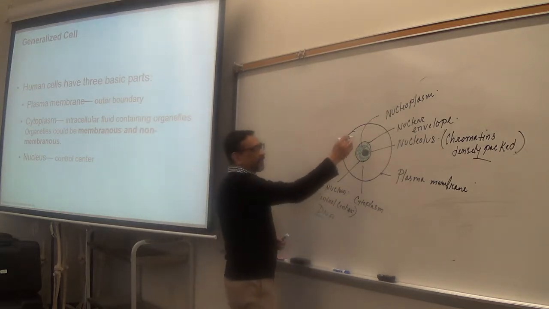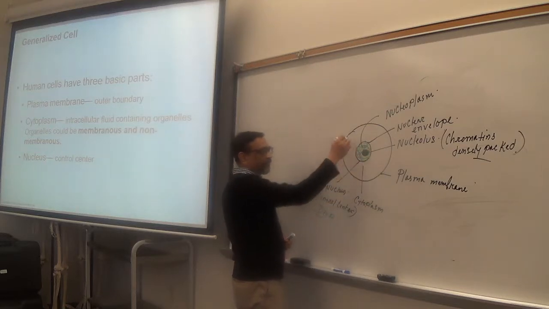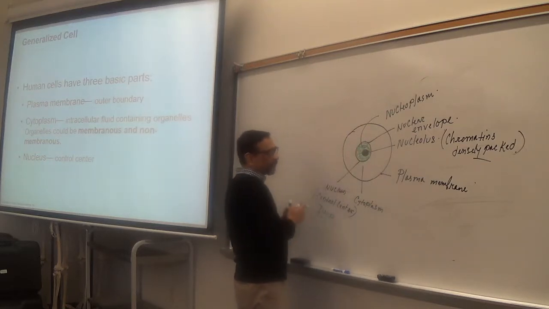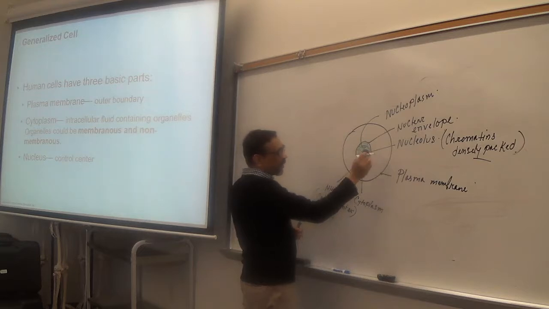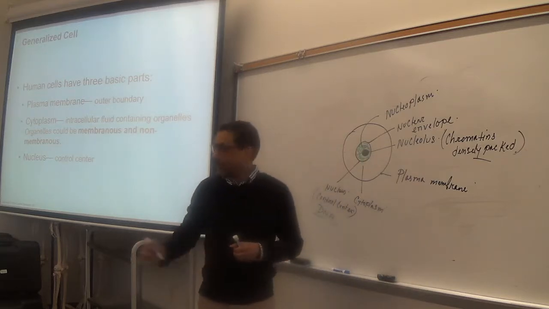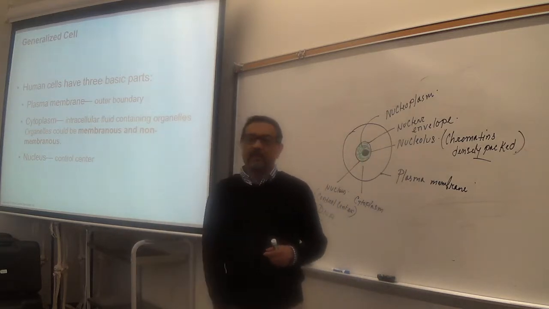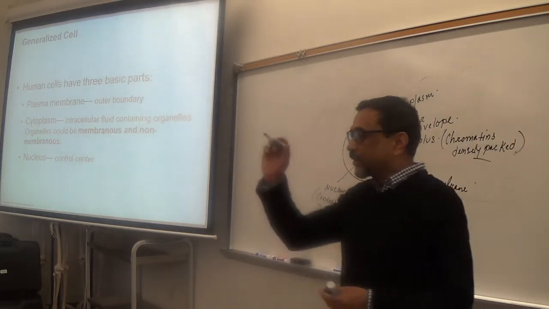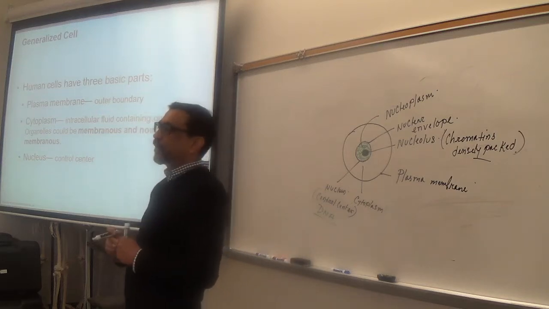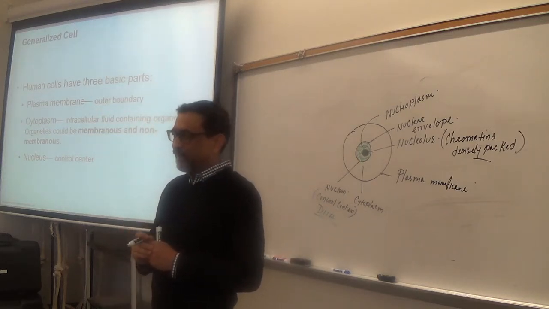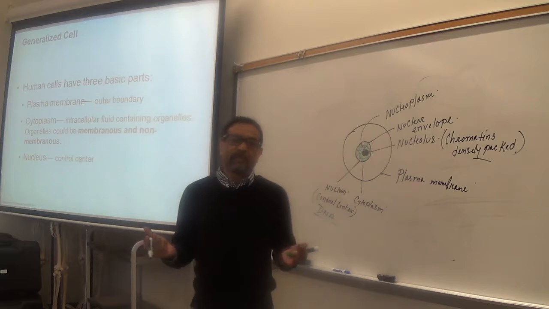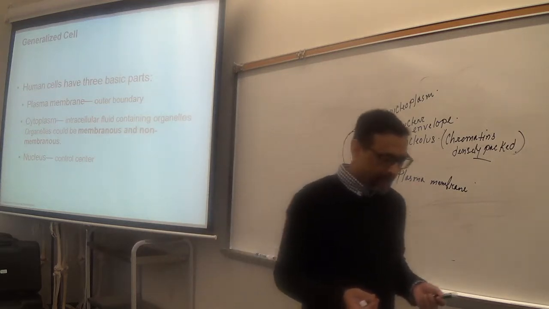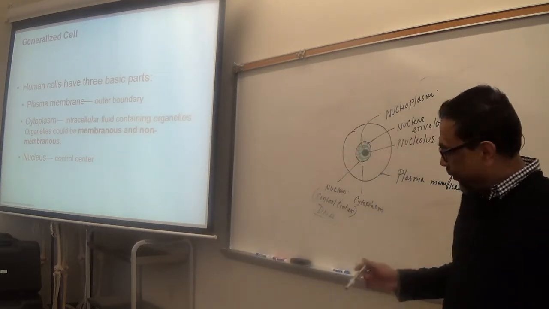Okay, now let's see the cytoplasm. In the cytoplasm, you have membranous and non-membranous organelles. You see there? In the cytoplasm, you have two types of organelles. Some organelles have covering or membrane. Those are called the membranous. Some don't have covering. Those are non-membranous.